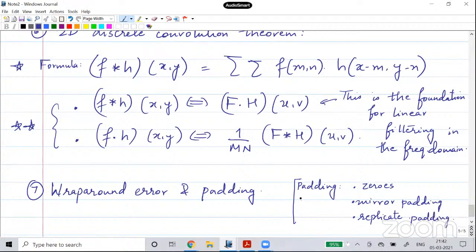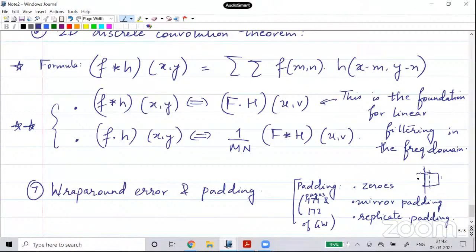You can read more about this on pages 171 and 172 of the text. But essentially, in zero padding, you take the image and just pad with zeros. In mirror padding, you consider these to be mirrors, and whatever padding you want to do is a mirror image of these pixels here, considering this to be the reflection axis.